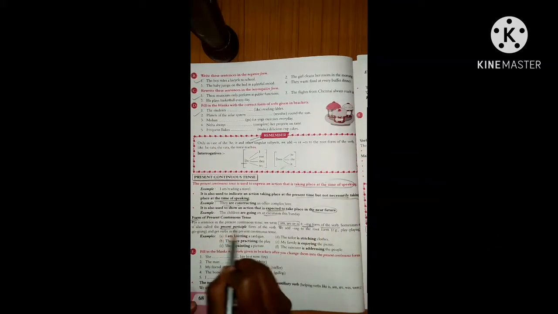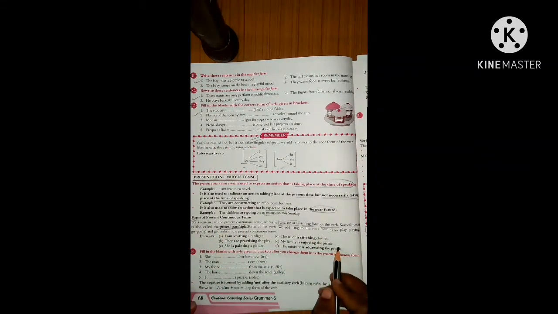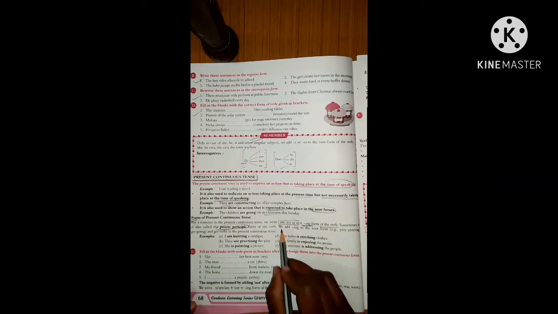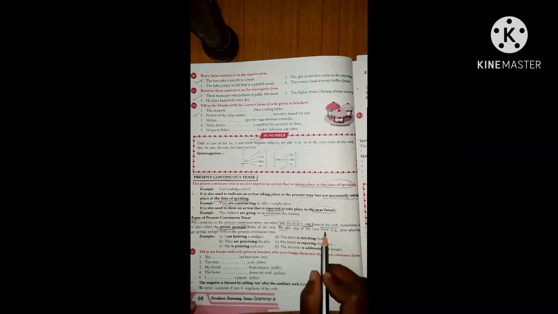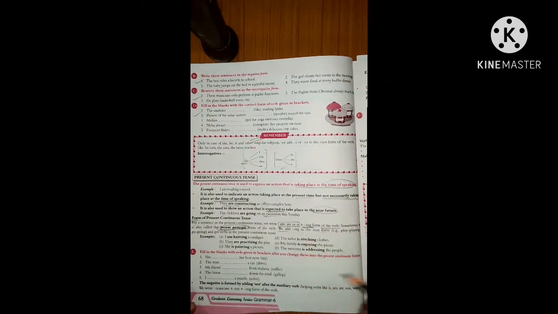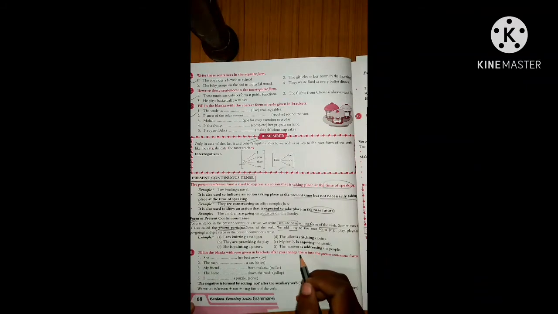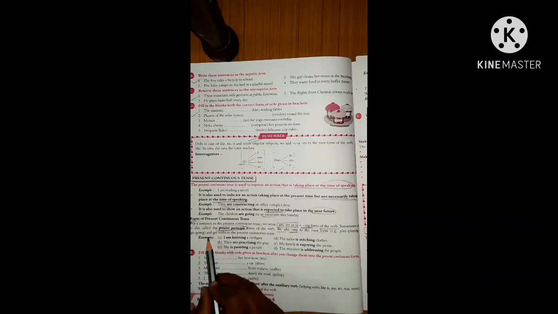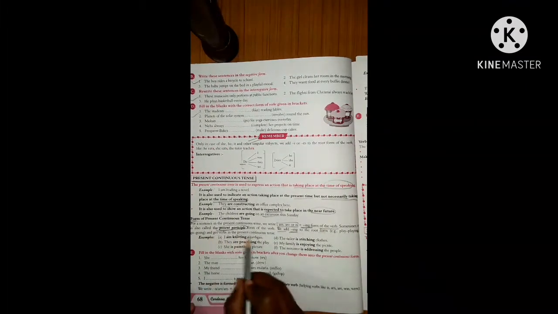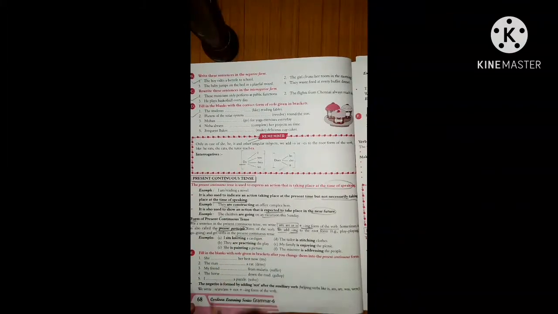Sometimes it is also known as the present participle form of the verb. We add ing to the root form. Root form means play, read, write. So these are the main verbs, and we will add the ing form to the root verbs to make them present continuous.